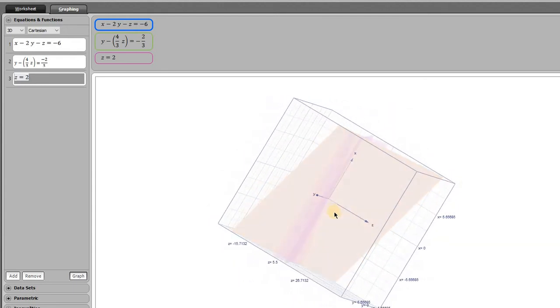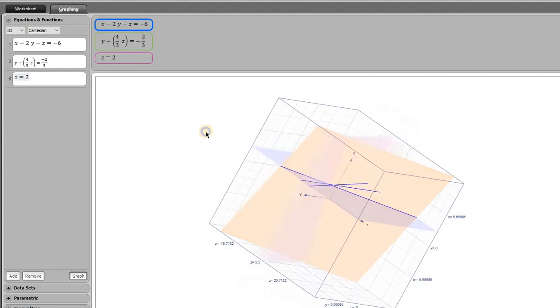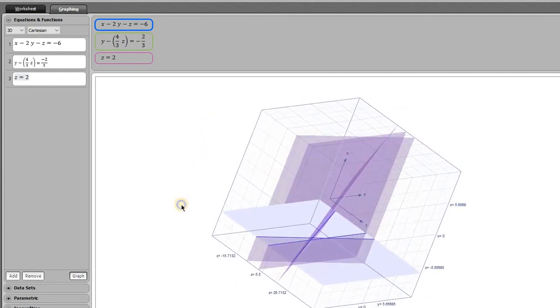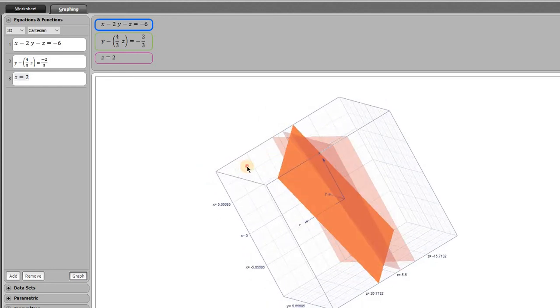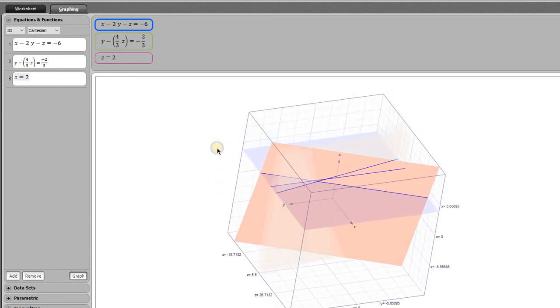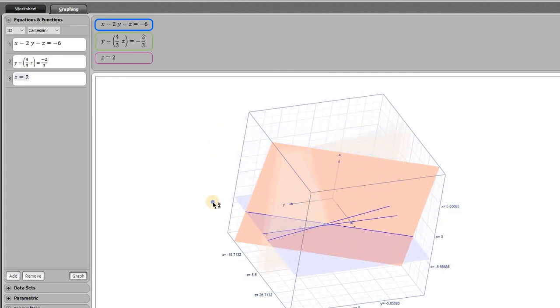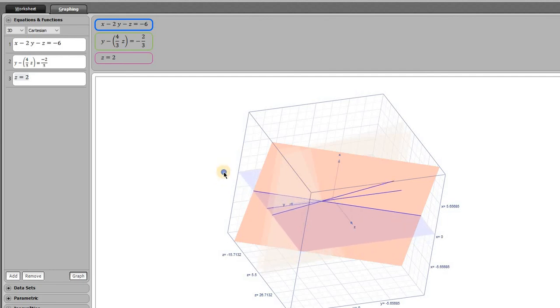It's somewhere around here. So what's neat about this is that I can take a cut of all three of these planes, and you'll notice that if I move this graph here, you can see that the projections or the cuts for these planes all intersect right about there.